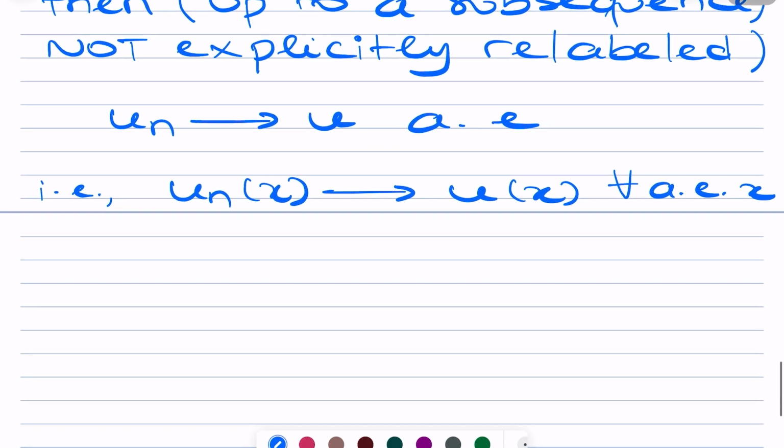Now I'm going to do something. Because we want to use the dominated convergence theorem, we need to find an integrable function that will dominate f of un.